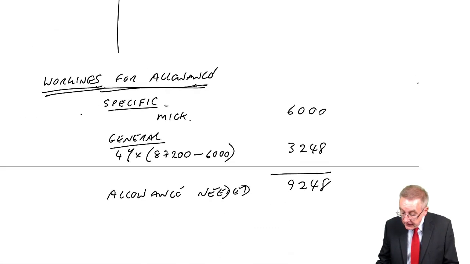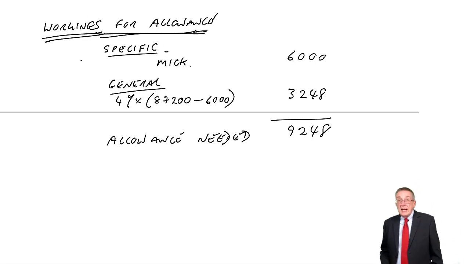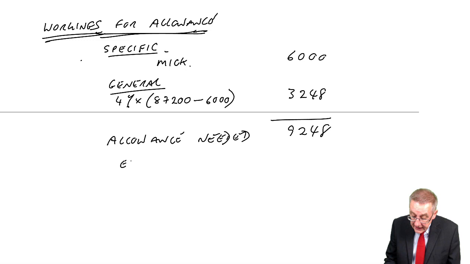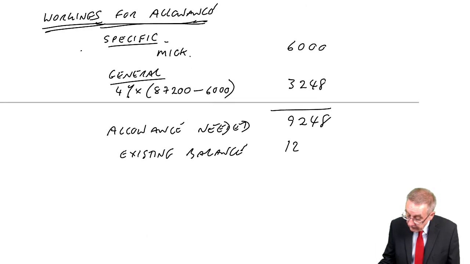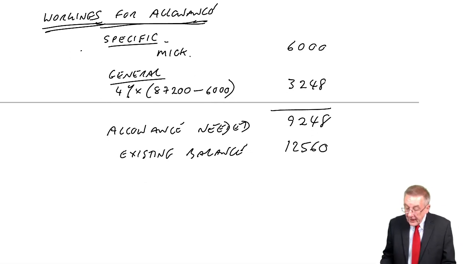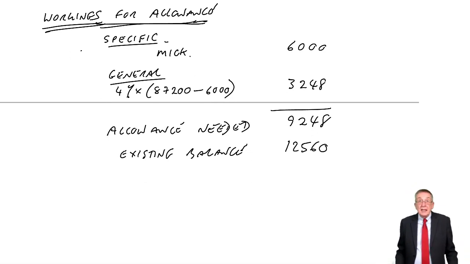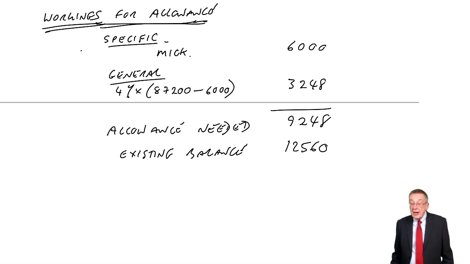What I mean is this. That's the allowance I want, but the existing balance, what was it, 12,560? It's been sat there all year and is no longer needed. I want to change it to 9,248.